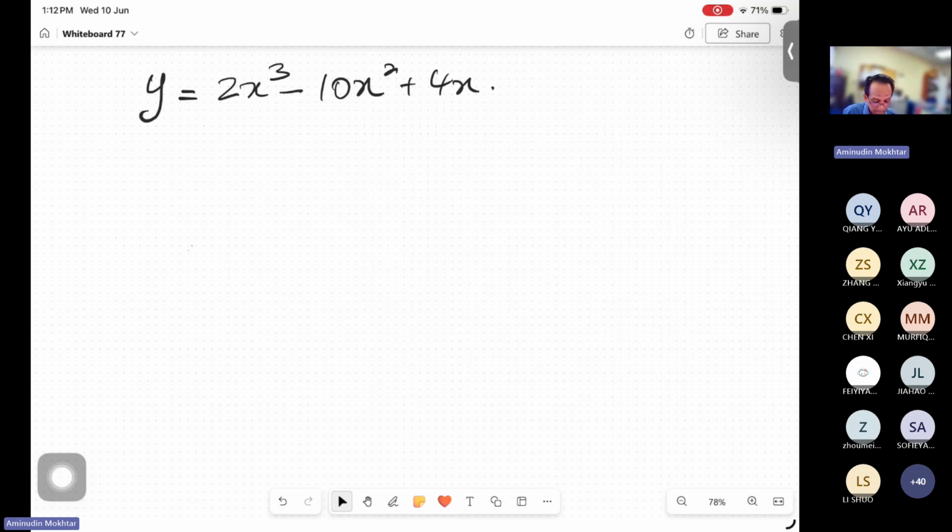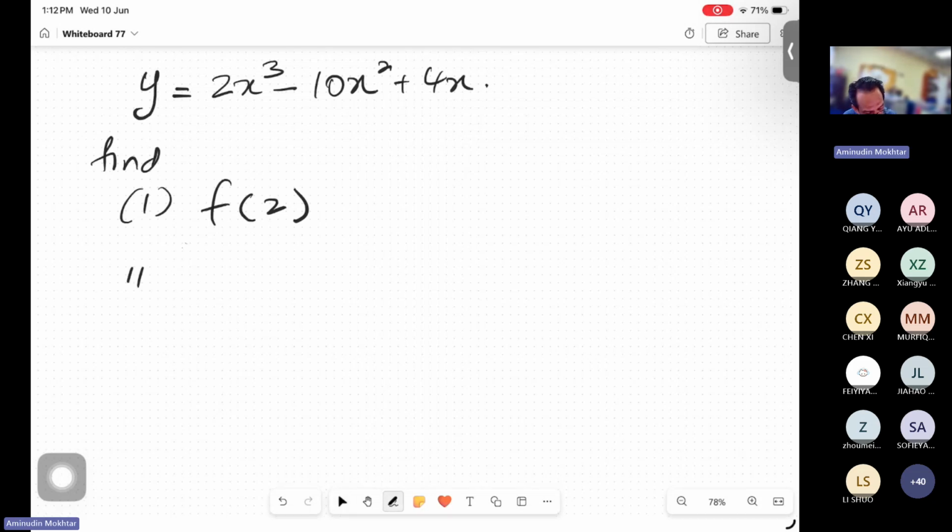Okay, the question is find f(2). That is the question. The second question is find f prime(2). Okay, there are two questions. The first one is f(2). The second one is f prime(2).